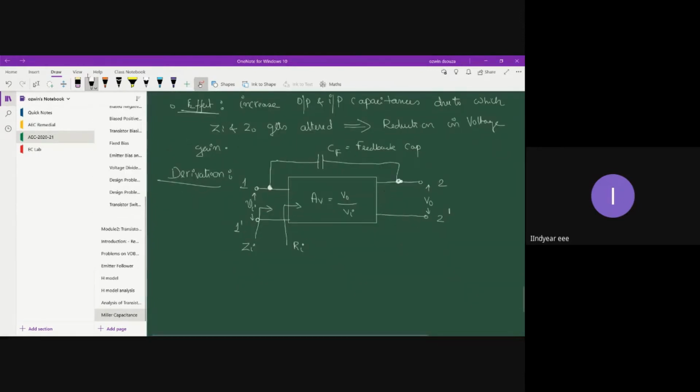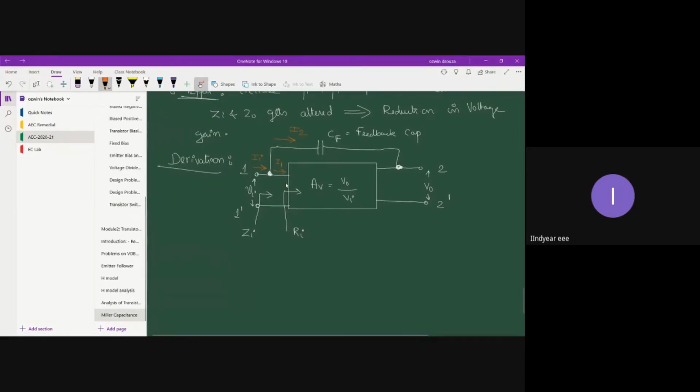Once you are done with this, you can mark the current directions. Let's say this current is II, and this current II will divide into two parts. The upper part, let's call it I2, and the component of current which gets into the black box, we shall take it as I1.